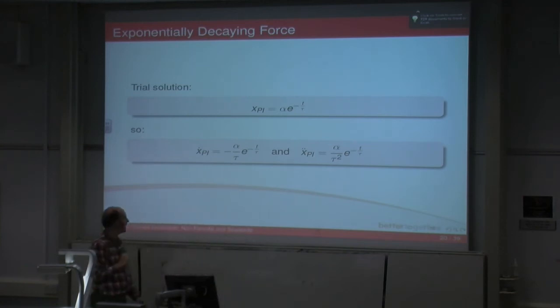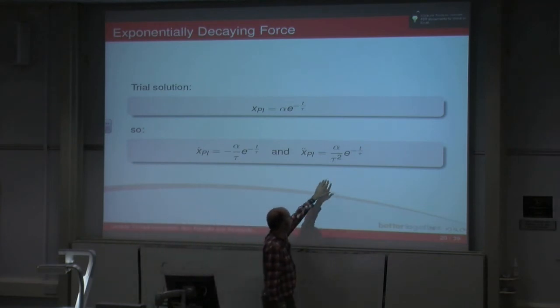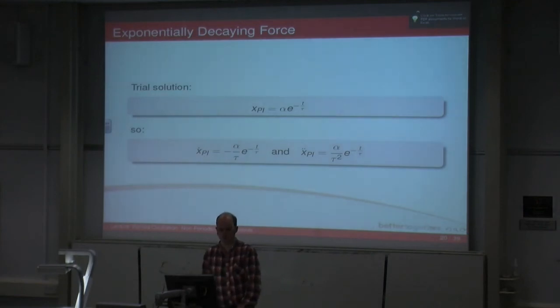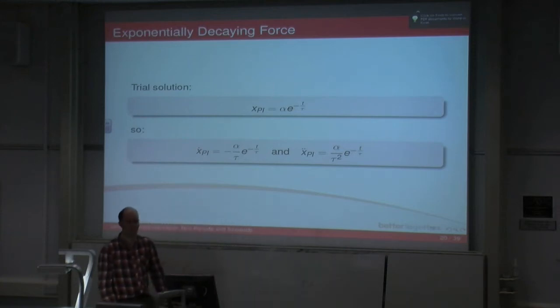So we have minus alpha upon tau times e to the minus t upon tau. And you do it again, you get another minus 1 upon tau out. So you end up with alpha divided by tau squared times e to the minus t upon tau. Like I said, taking the derivatives of exponentials is easy, which is why we use that complex form.